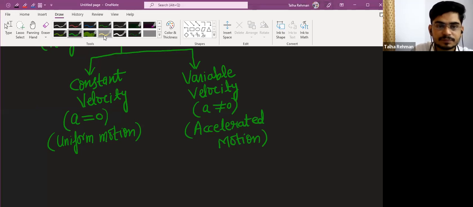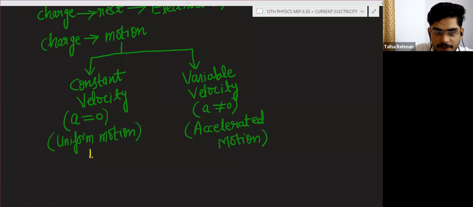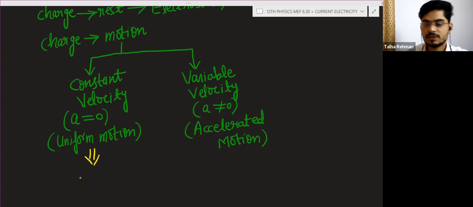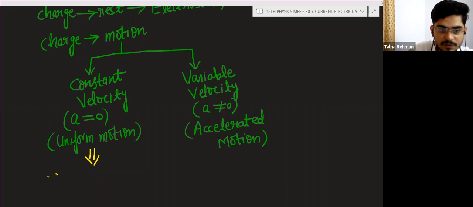And here, if the charge is moving with constant velocity, all the phenomena related to the charge with constant velocity we will study in this chapter, current electricity.